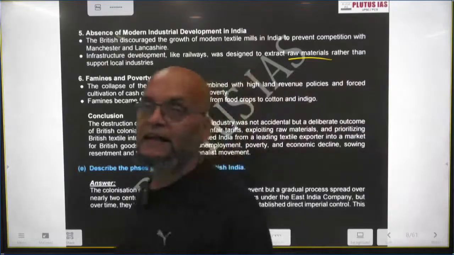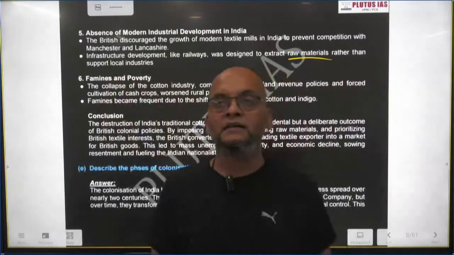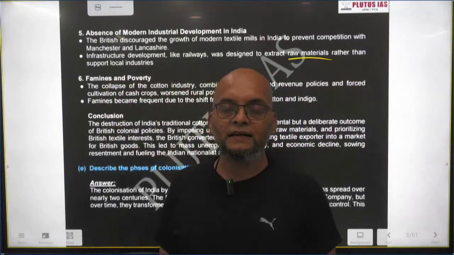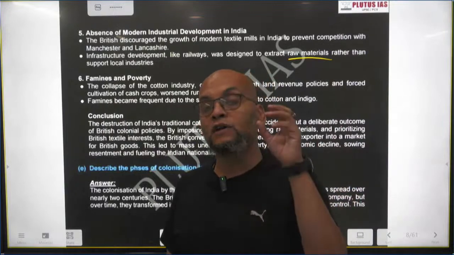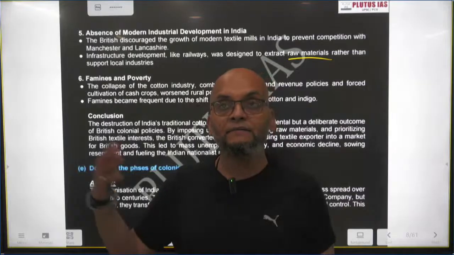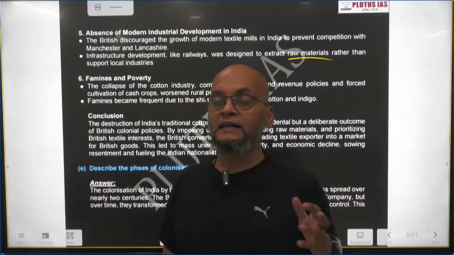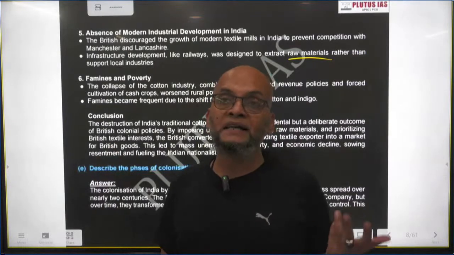So they entered India as traders in the guise of the East India Company. From traders, they became rulers of territories, and then finally they turned into the imperial rulers of India.